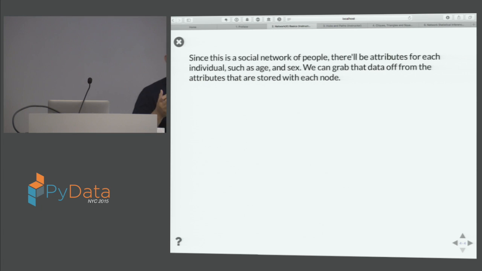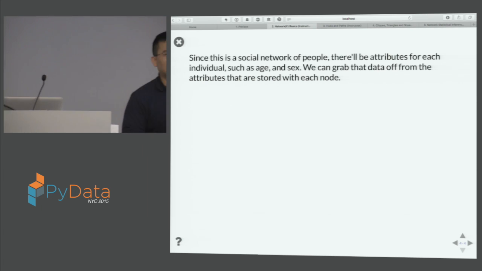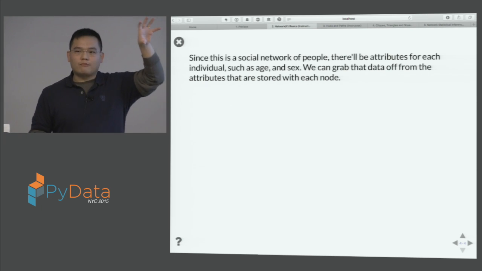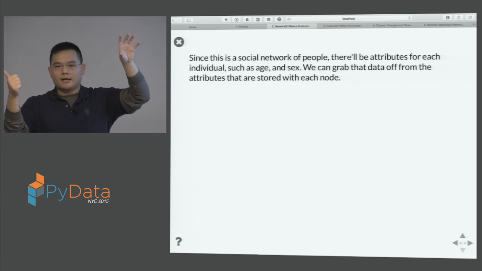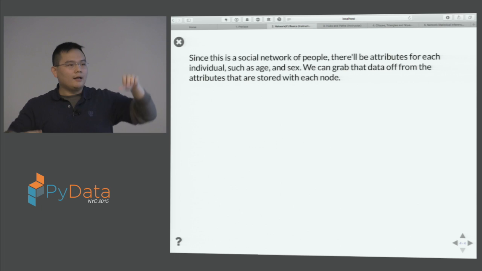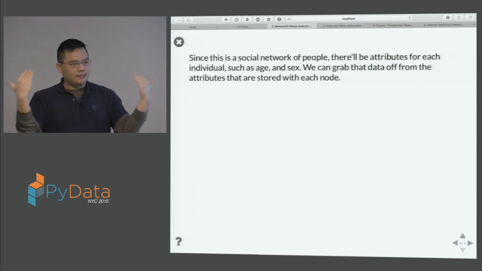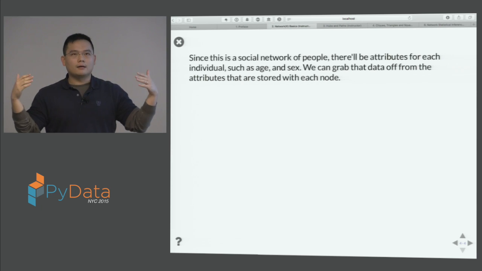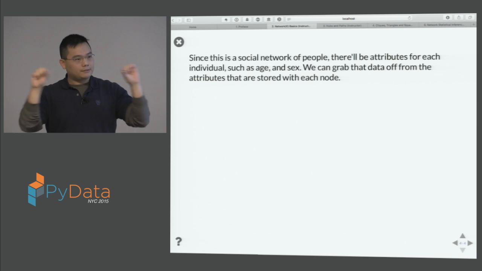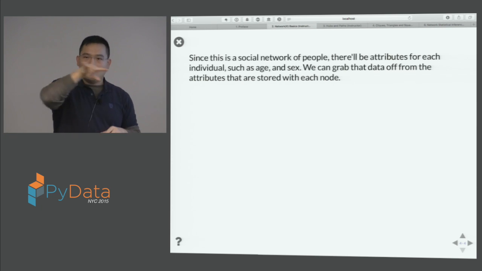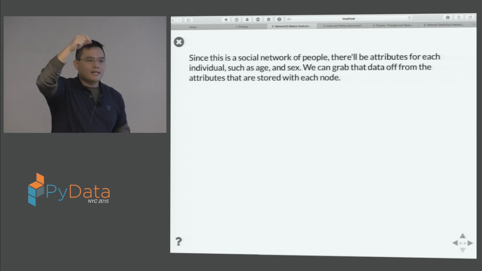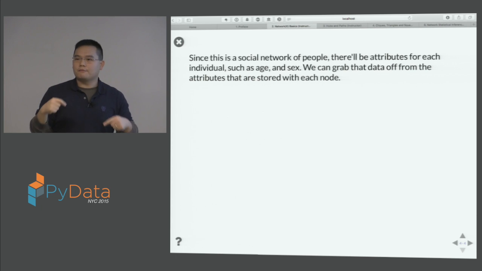Networks can store metadata. A node can have properties. I can have an individual, I can have that individual's age, and I can have the individual's gender. I can also have metadata associated with the edges. So if A and B know each other, I can store along that edge the date that the friendship, or that knowledge of each other, was formed.